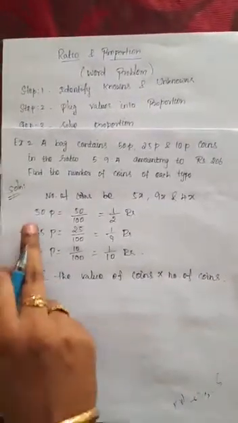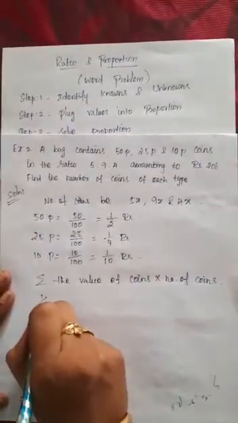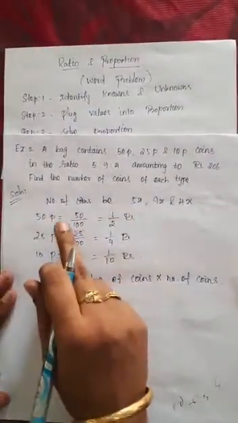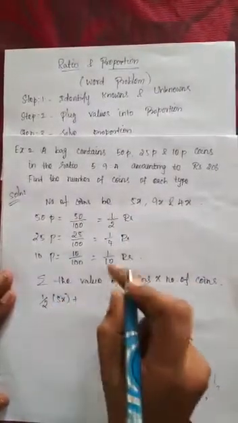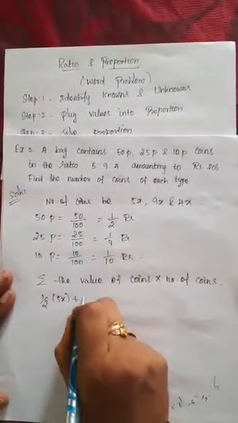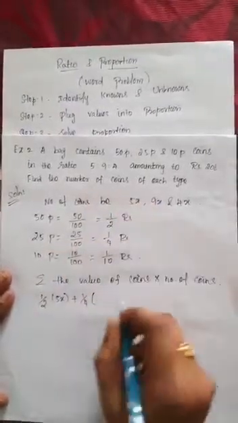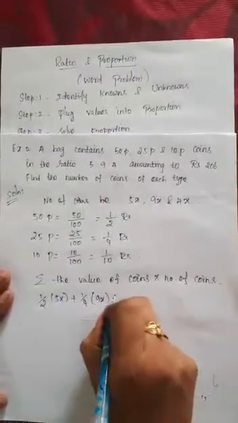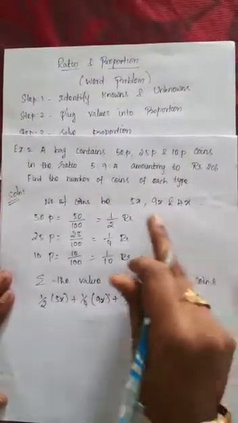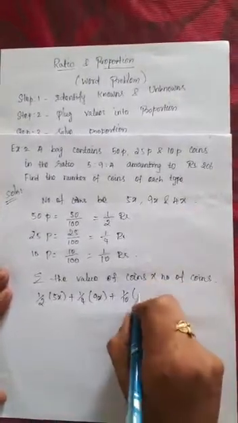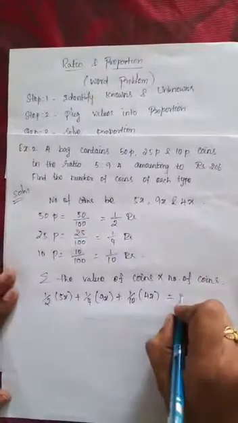So the value of the 50 paise coin is half rupee, number of coins is 5x, plus 25 paise is 1 by 4 rupees, number of 25 paise coins is 9x, plus 1 by 10 rupees into the number of 10 paise coins, 4x, which is equal to the total amount 206.